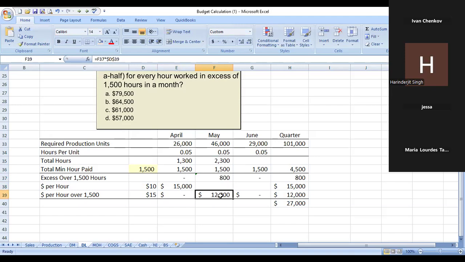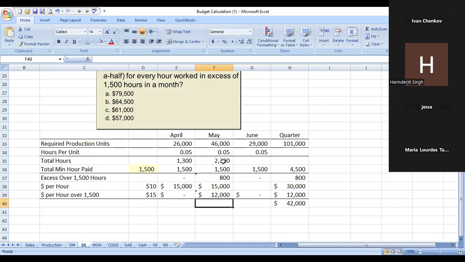For the first 1,500, we're going to pay them the guaranteed $10. For the rest, we're going to pay them $15, correct? Yeah. 800 times 15. And we have our numbers.